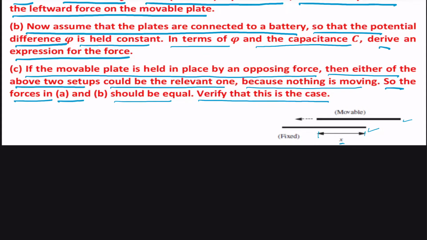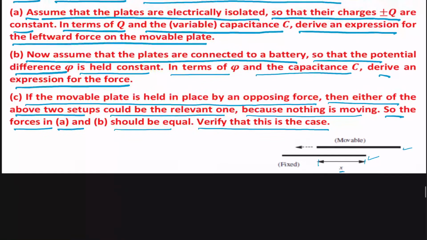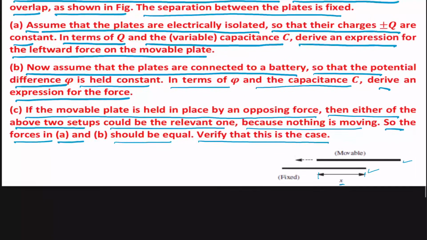So we are supposed to deal with the force, and for that we are going to use the concept of energy, and from energy we can easily find out the force. And we have to remember that only one plate is moving, other plate is fixed, and the movement is along the horizontal plane. The vertical distance between the two is fixed.